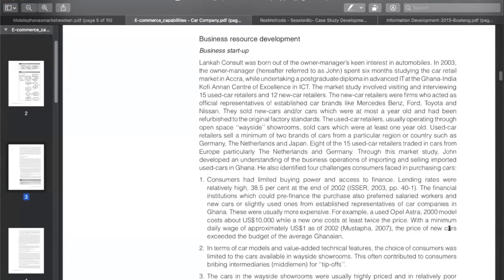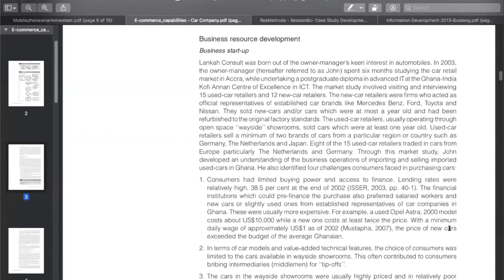The new car retailers were firms who acted as official representatives of established car brands like Mercedes-Benz, Ford, Toyota, and Nissan.